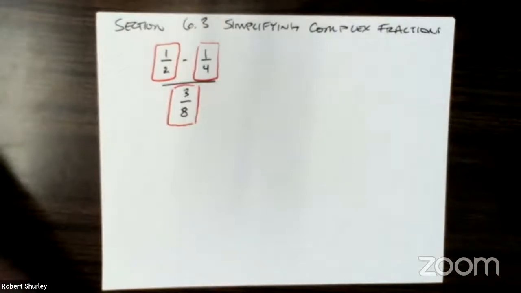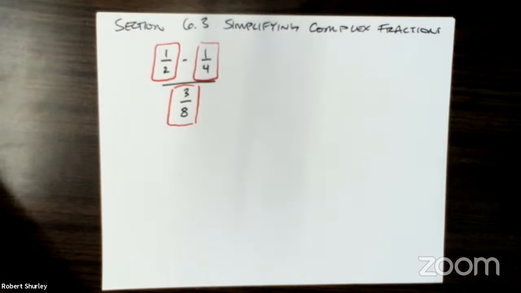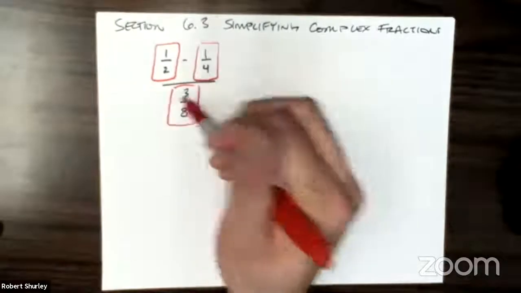To simplify this, we're going to multiply all 3 of those numerators by the common denominator. If you're not sure how to find a common denominator, it's just the least common multiple of all 3 of these denominators.